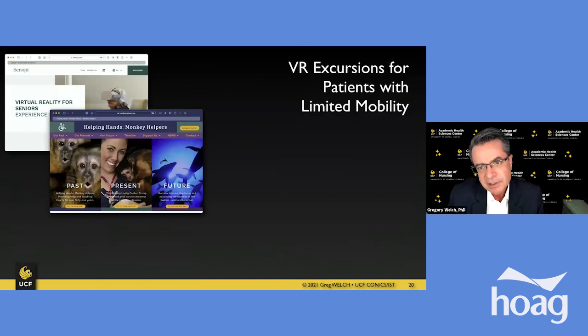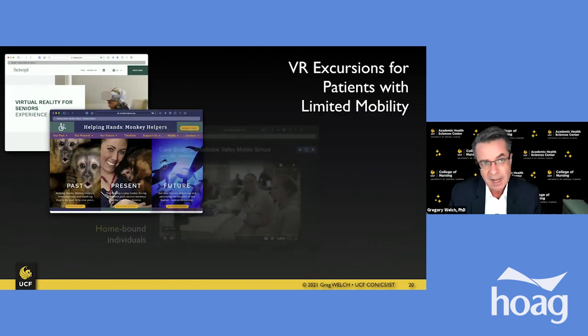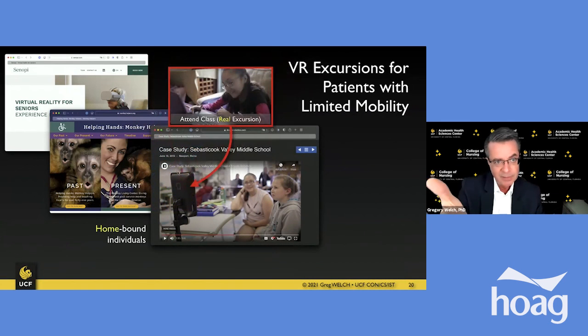The last thing I just want to share is the notion that, of course, this doesn't have to be limited to just those uses or those sorts of populations, isolated folks in general, and this is not new. We didn't think of this, but people use these telepresence robots, for example, for children who maybe have an immune issue or something like that, and can't attend class. So I can use this robot to attend class.